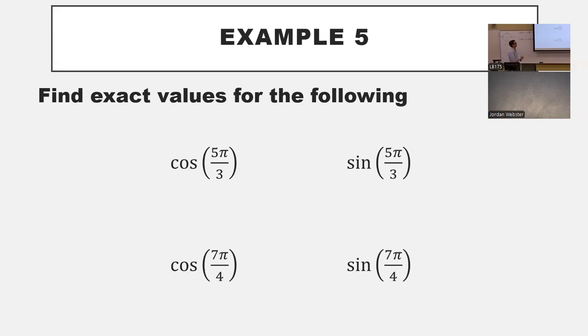By the way, for just some practice, let's plug in these values. Let's take cosine and sine of 5 pi over 3 and cosine and sine of 7 pi over 4. I want you to get the decimal versions and then also translate those quickly, not using the unit circle, but using what you know about what square root of 3 over 2 looks like as a decimal, what root 2 over 2 looks like as a decimal, what 1/2 looks like as a decimal.